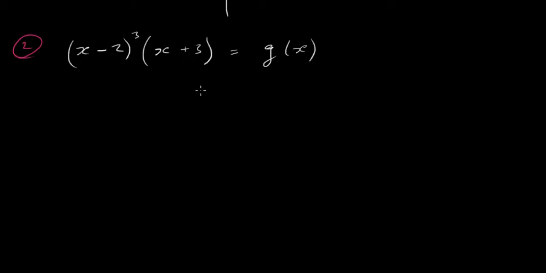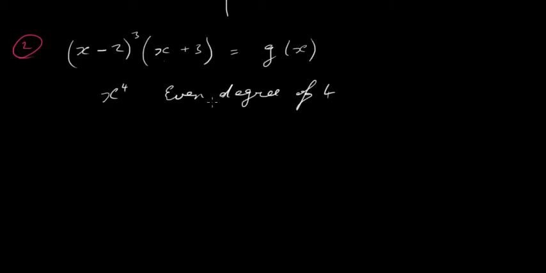It only appears once. So we'll just summarize what we've got here. In this case we've got a degree of x to the power of 3 times x, so that's going to be x to the power of 4. So here we've got an even degree of 4.